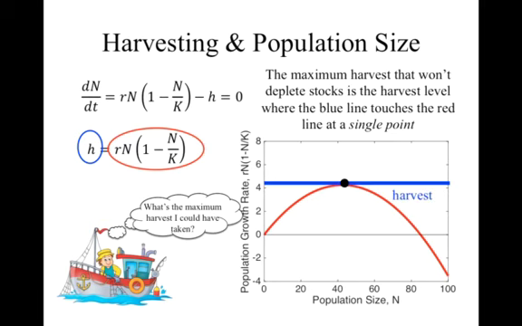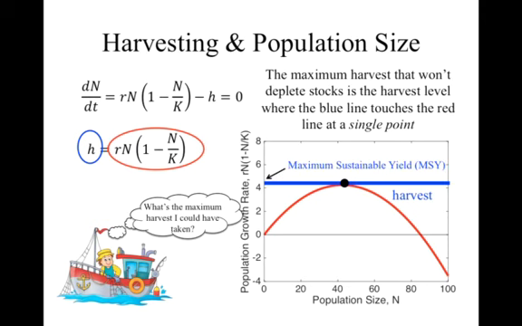So if I draw that right there, you see that blue harvest line touches that parabola at one point, the maximum point. That is the maximum harvest, because that's as fast as the fish population will grow. So if I harvest to keep the fish population size at exactly that value, where it's reproducing as fast as it possibly can, then that's the maximum harvest I can possibly get out of that system.